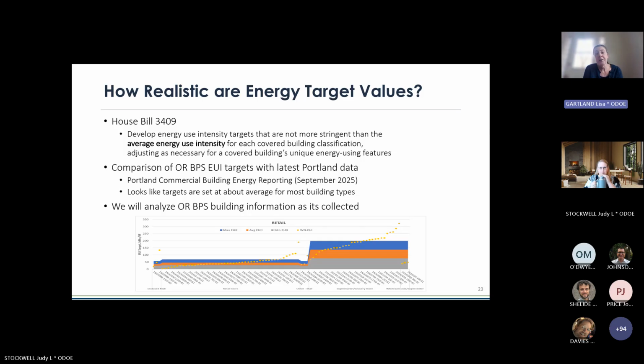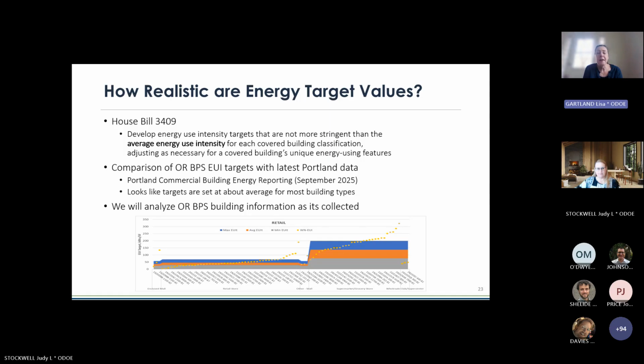If you're a tier 2 building and you don't meet target, no big deal, because all you have to do is tell us what your target is and tell us what your energy use is. If you're a tier 1 building and you don't meet target, it's a little more problematic. It's going to be a little more work because you will need to do an energy audit for that building and then implement cost-effective energy efficiency measures. So we are expecting a lot of buildings that will have to do this, a lot of the tier 1 buildings.